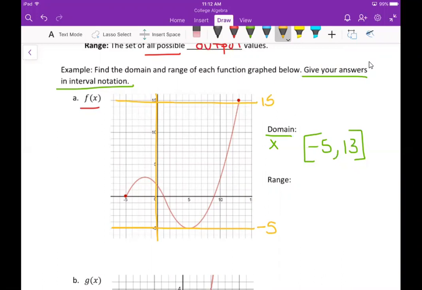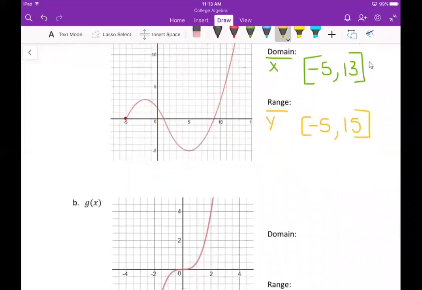So my range includes -5 and goes all the way up to 15. That would be my interval where I can have any y value. In some cases, I have multiple y values anywhere in between those 2 values and nothing outside of those 2 values. So that is my range. Range is always your output or y values.